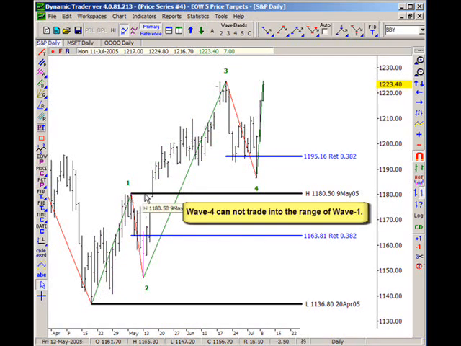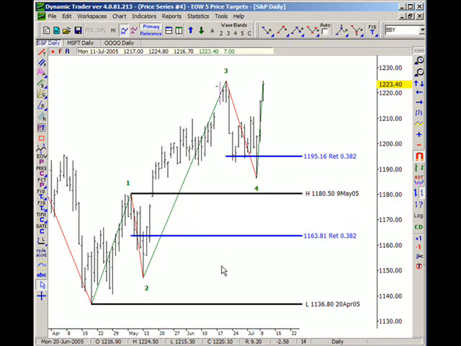So that's why I've just drawn a horizontal line across the top of wave 1, because if the market had traded below that wave 1 high, then it would void it as a probable 5-wave trend, and it would void it for us being able to do the end of wave 5 price targets. And those are basic Elliott wave rules. They're just real simple conditions.